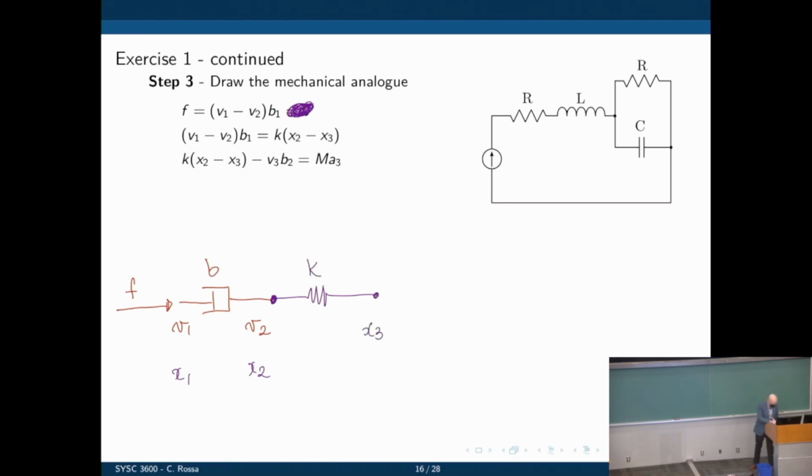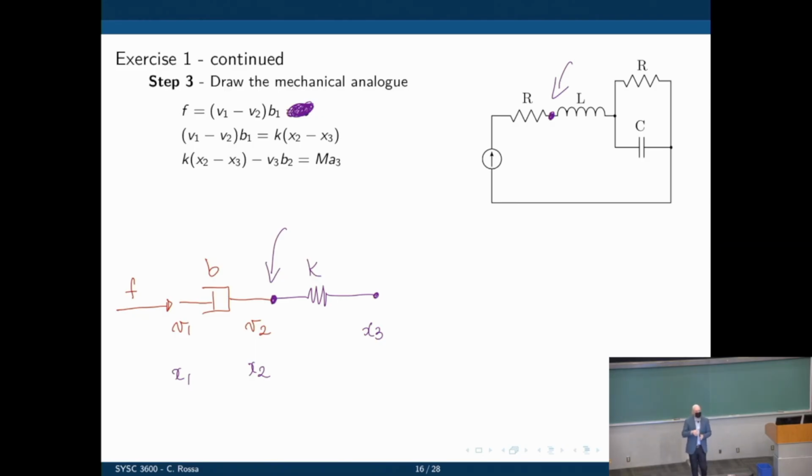And at this particular node, if you do a free body diagram, we go back to the equation we just started from. So the node in the mechanical system corresponds to this node in the electrical system where the sum of all currents is 0. Here, the sum of all forces in that node is 0, with their equivalent.